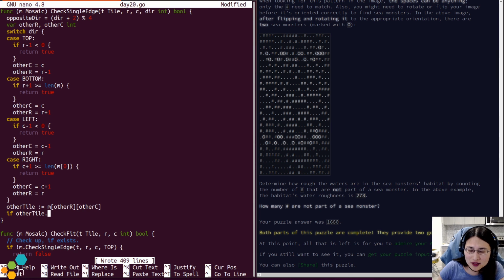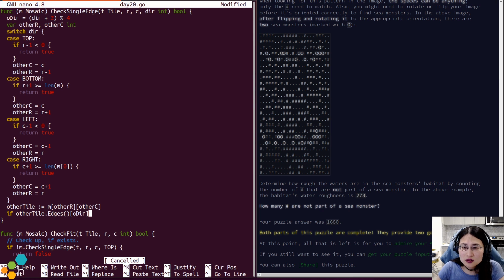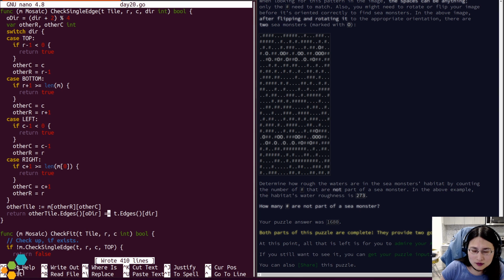If other tile dot edges index T edges R, or T edges dir, flip.